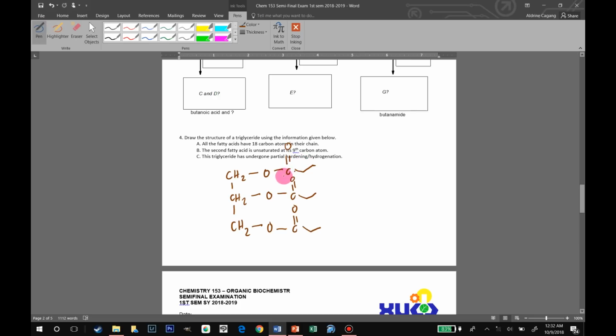This is 1. The carbonyl carbon is considered the first carbon, 1. So this one is 2, 3, 4, 5, 6, 7, 8, 9, 10, 11, 12, 13, 14, 15, 16, 17, 18. Okay, that looks perfect.